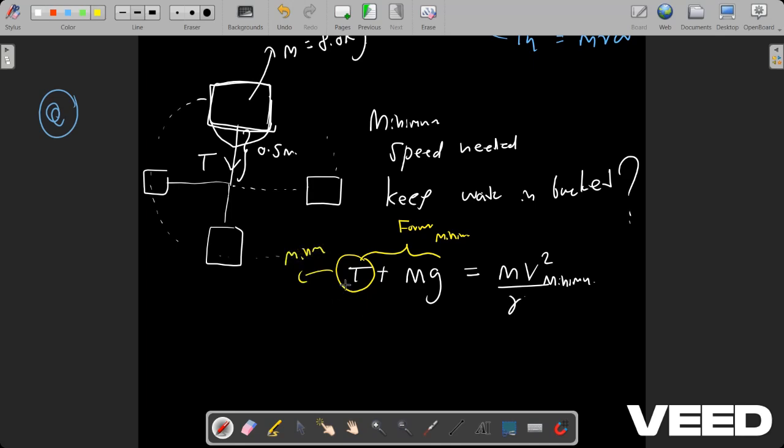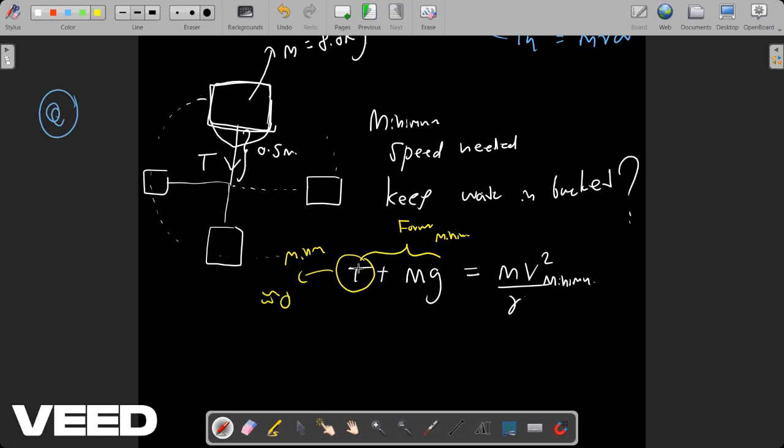T minimum means when the tension is zero, you can't go beyond that. Tension is always in this direction, not the other direction. When the tension is minimum, you have the minimum velocity. So at this place, when the tension is zero, you have the minimum velocity, right? So now let's plug in the values.